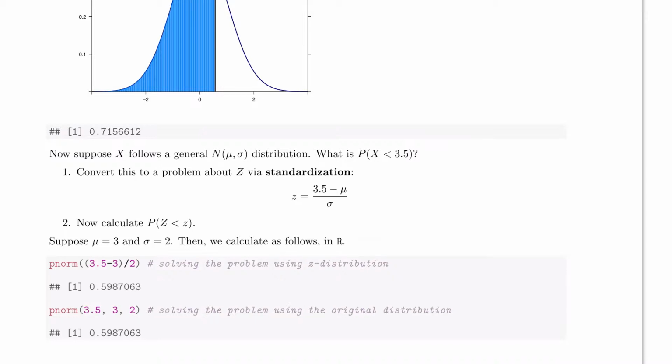You actually can specify the mean and the standard deviation into pnorm to get a probability directly without having to do that standardization process yourself. So you can see what I've done here is I've popped in 3.5 as my first argument. I've then popped in my mean and my standard deviation as subsequent arguments. And then R basically will do that same calculation for me without me having to do the z-score conversion.